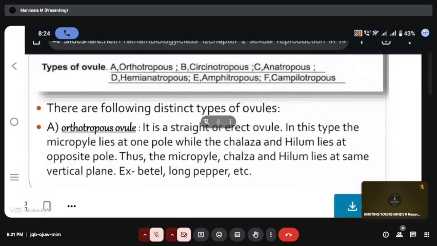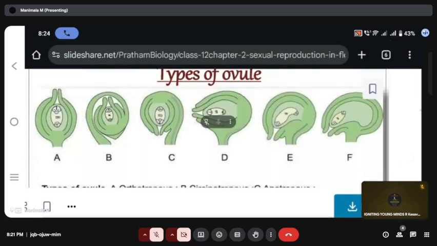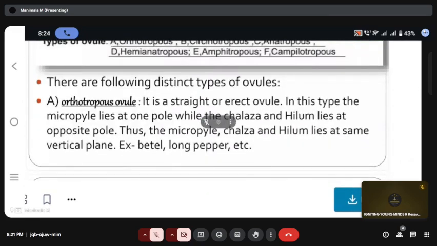Just make a note. Arthrotrophus ovule is a straight or erect ovule. Here the micropyle lies at one pole, while the chalaza and hilum lie at the opposite pole. Thus the micropyle, chalaza and hilum lie in the same vertical plane. Examples: betel leaf and pepper. So this is the first one, arthrotrophus ovule.